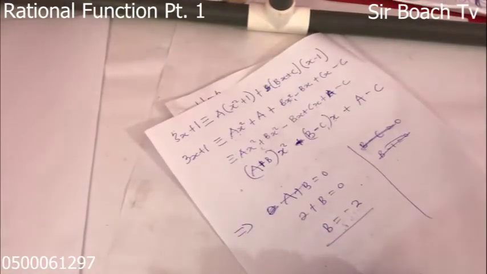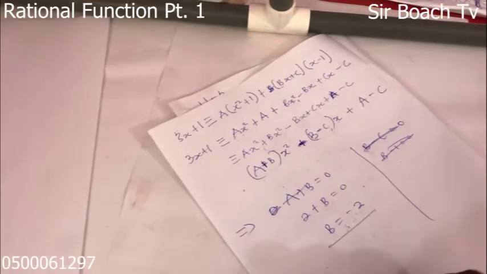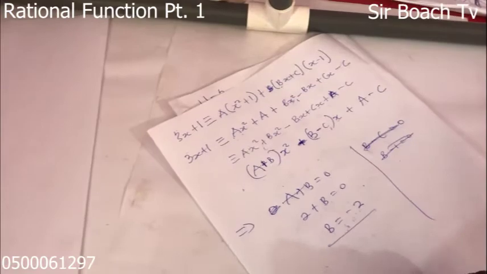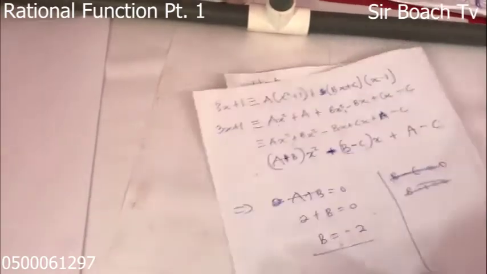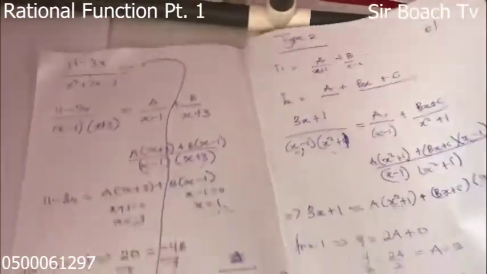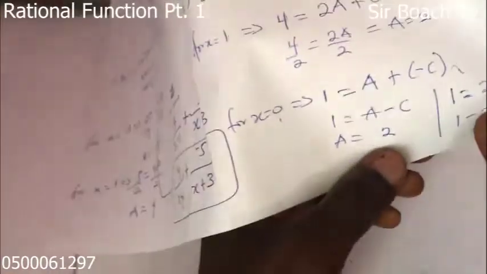So hence our question was 3x plus 1 all on s minus 1 and also s squared plus 1. And this is giving us our a, we got a to be 2.